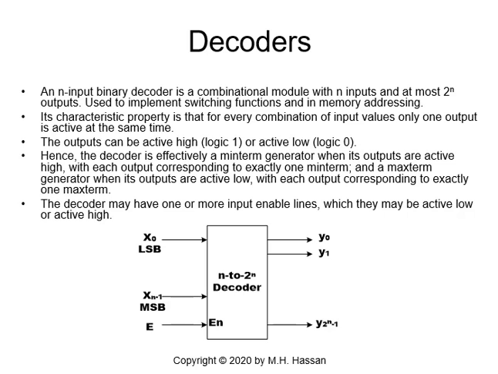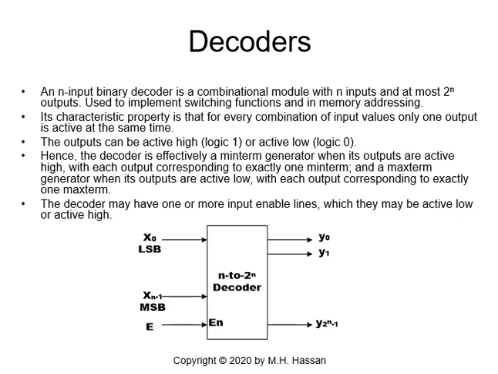So the characteristic of the decoder is that for every combination of input values, only one output is active at the same time. So at a time, only one output will be active, and the output can be either active high, which is logic 1, or active low, which is logic 0.